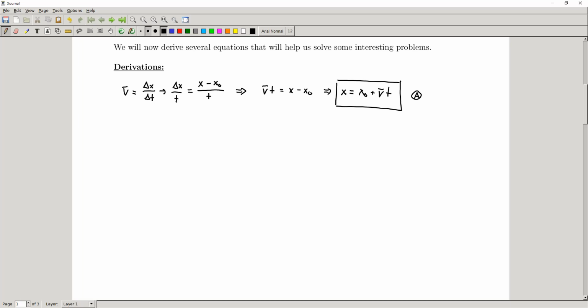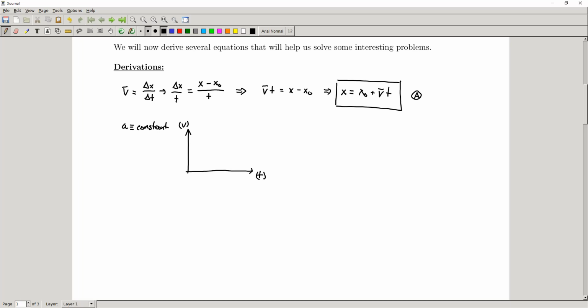The second equation that we're going to find useful really just comes from finding the average velocity again. But if our acceleration is constant, then it means that the slope of our velocity versus time plot must be constant. So imagine we have a velocity versus time plot here.